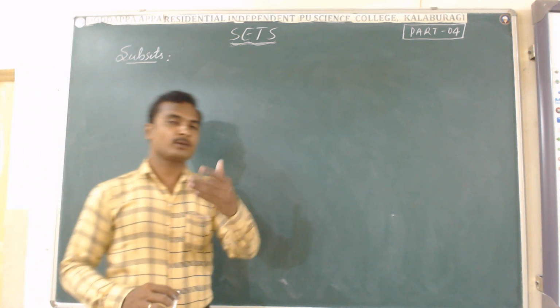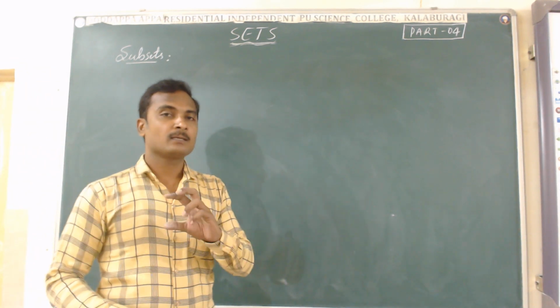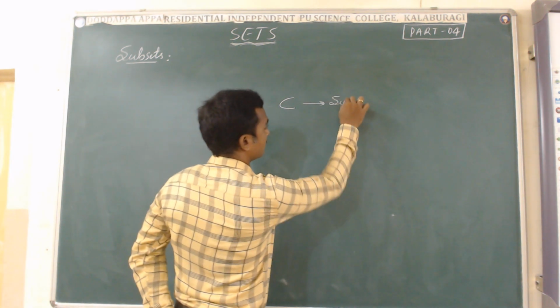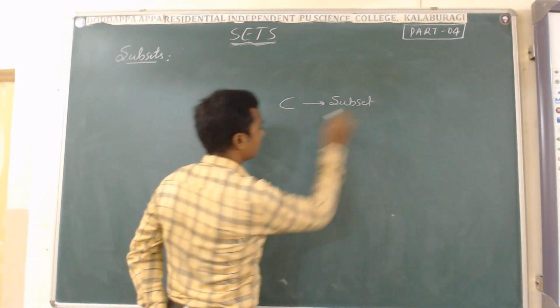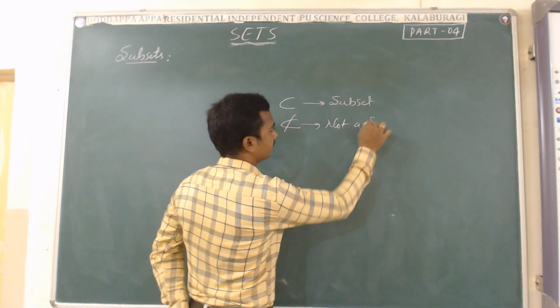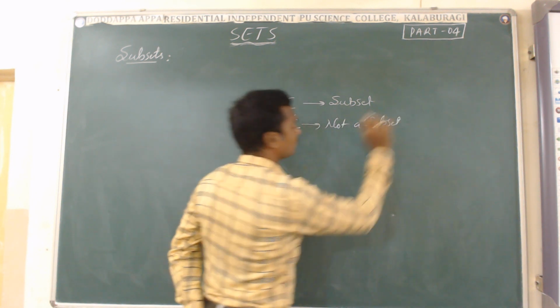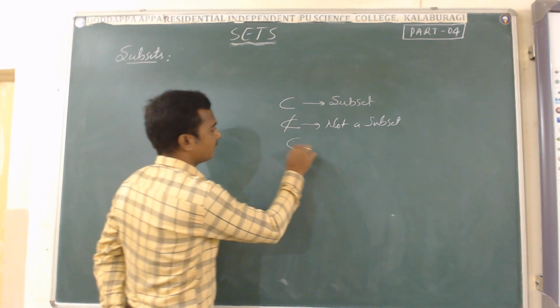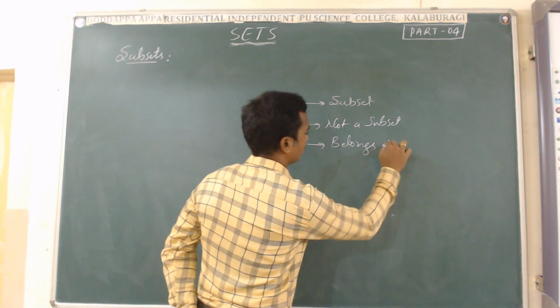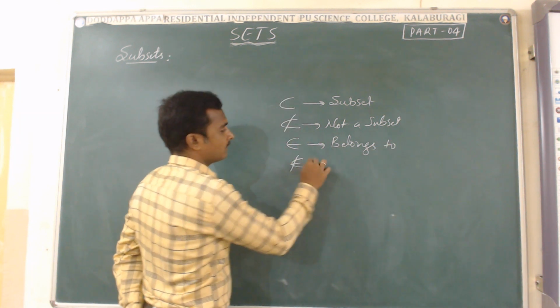Okay. So before going to the problem section, let me recall the notations of the symbols. This symbol shows subset. Right? This symbol shows not a subset. This symbol, which you people already know, shows belongs to. This symbol shows not belongs to.